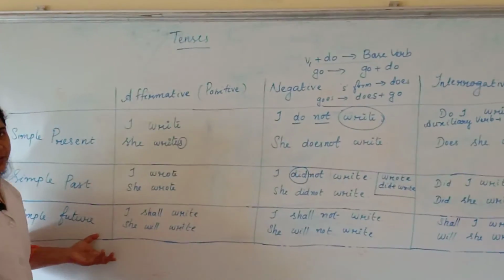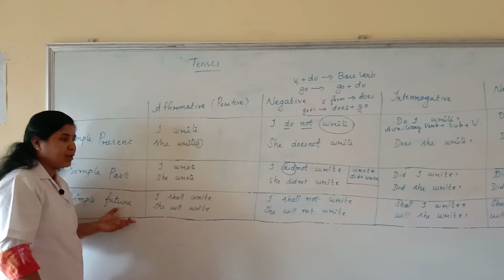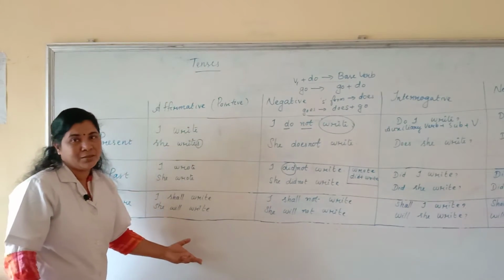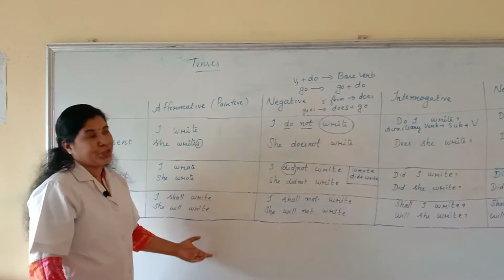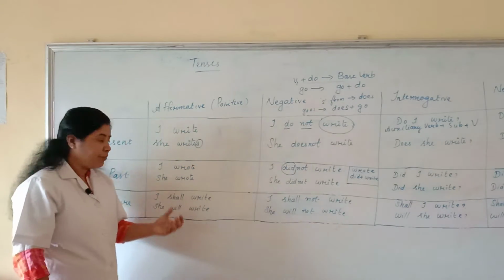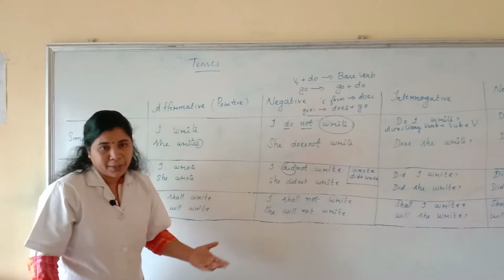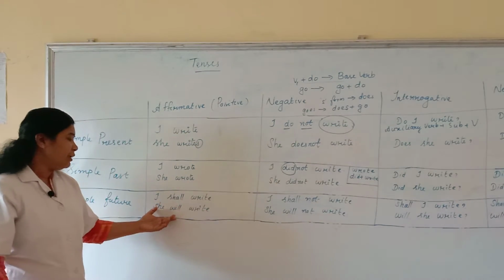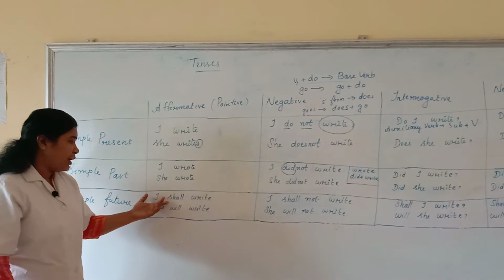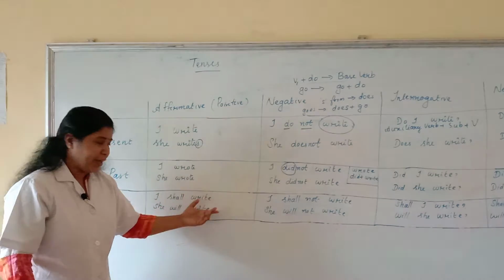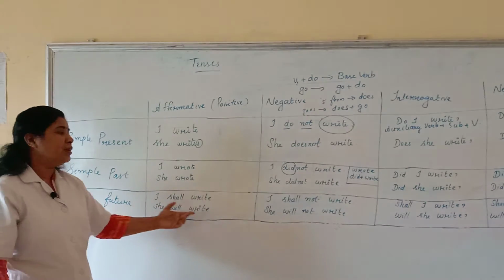And the last one, but not the least, what is the last one? Simple future. What is simple future? Will or shall are the verbs assisting future tense, right? And here shall always comes with I, right? And here we have written I shall write and she will write.